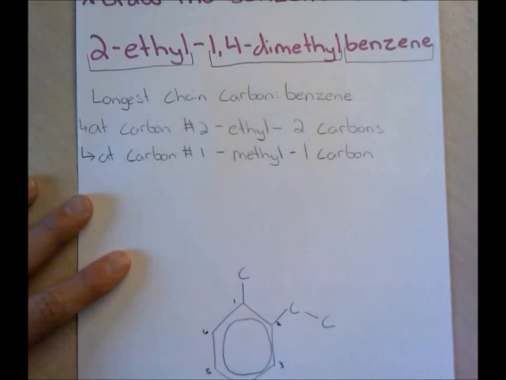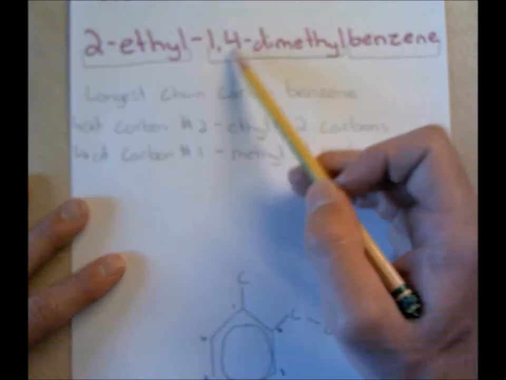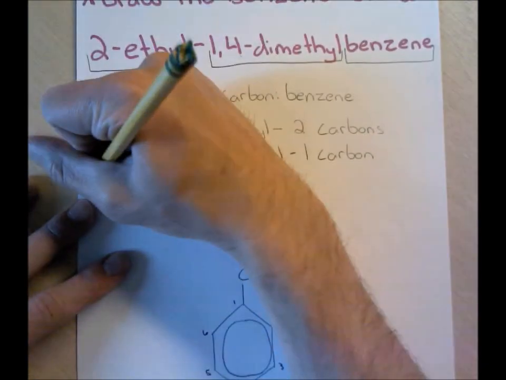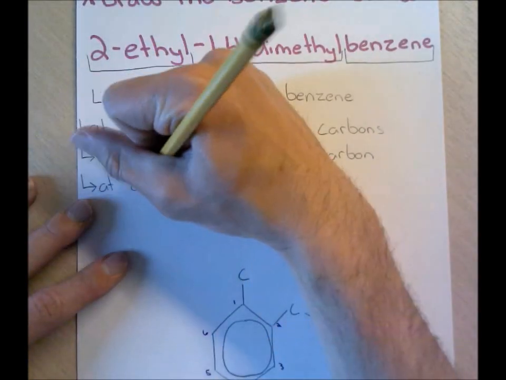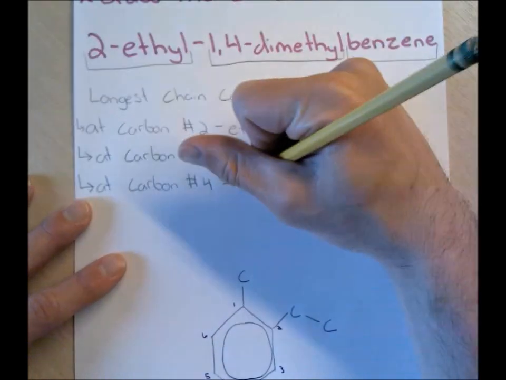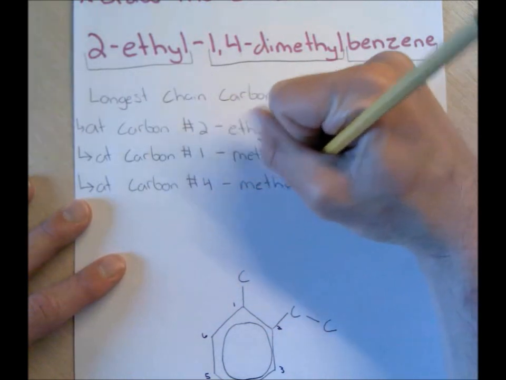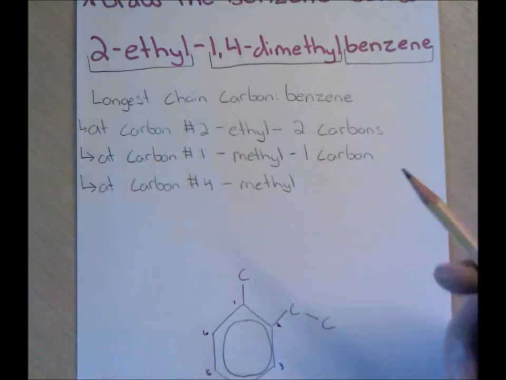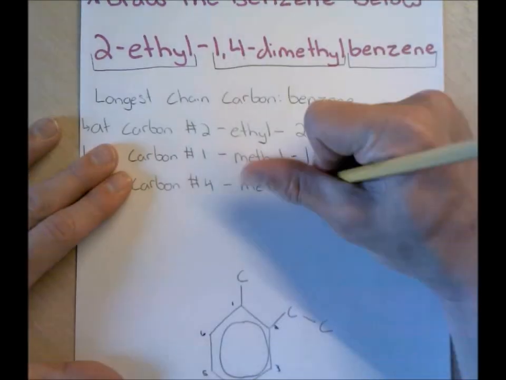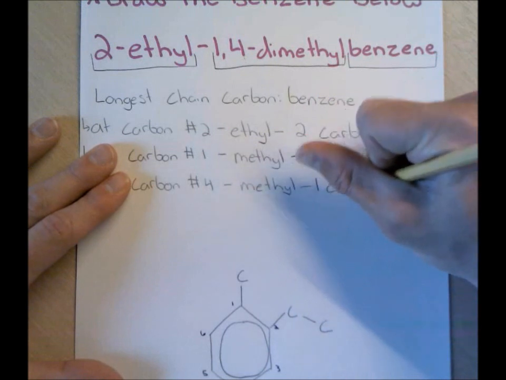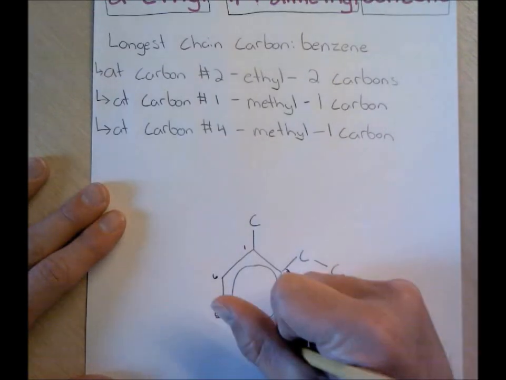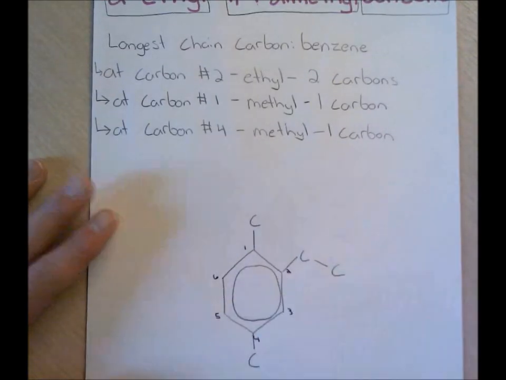Now, there is an additional methyl group at carbon number 4. So at carbon number 4, we again have a methyl group, and if you look back on your chart, under methane, that represents a 1-carbon attachment. So again, this equals 1 carbon. Now, we just have to go to carbon 4, add that C, and we're not quite done there.